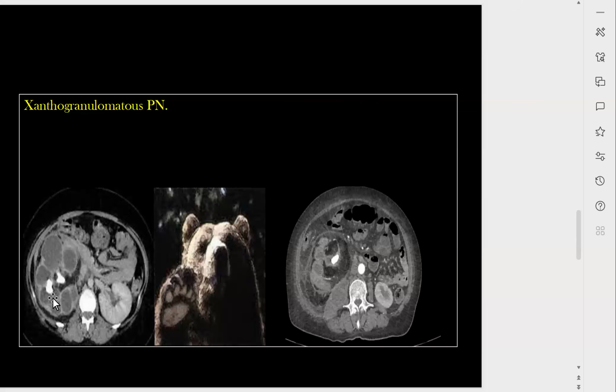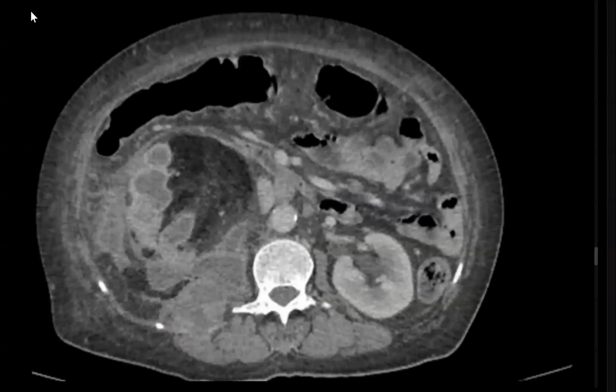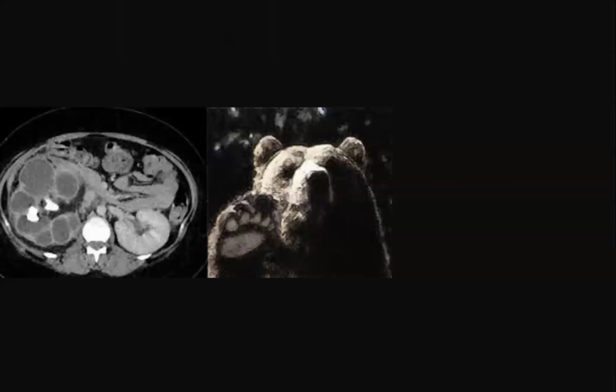Fluid collections within the renal parenchyma and residual atrophic enhancing parenchyma in between, in addition to fatty infiltration of the kidney. So it's xanthogranulomatous pyelonephritis. Very good, my friend. Excellent.